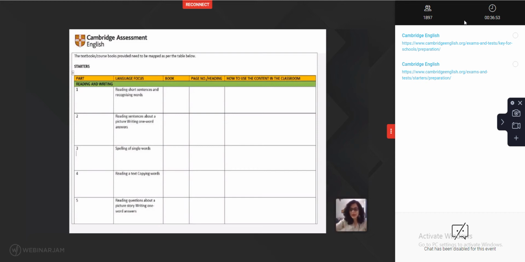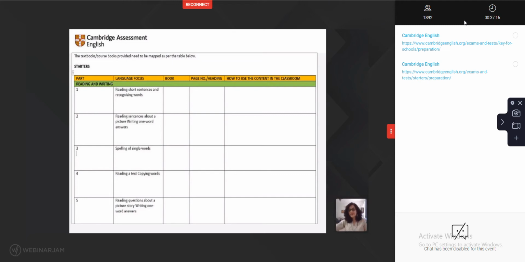So you can customize your own template, or I have a sample template for you over here. If you see, the exam we are focusing on is Starters, and the exam part is reading and writing. At the YLE level, reading and writing is a combined exam.